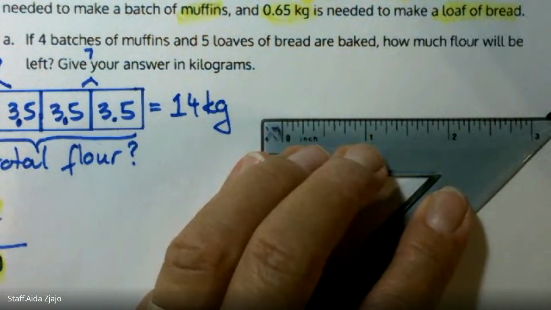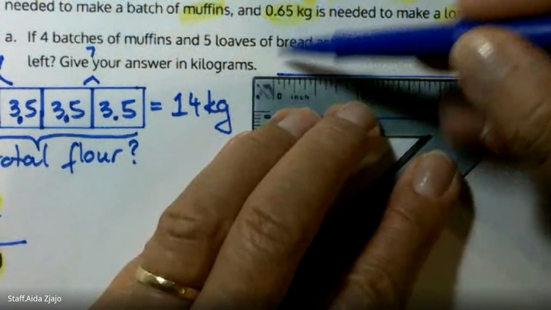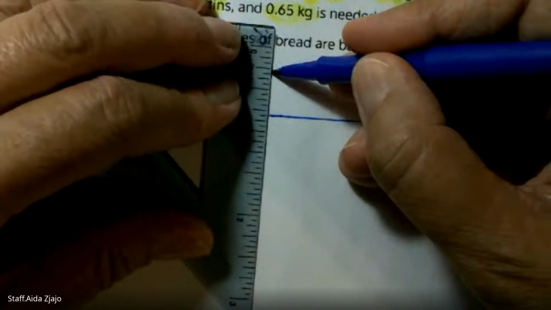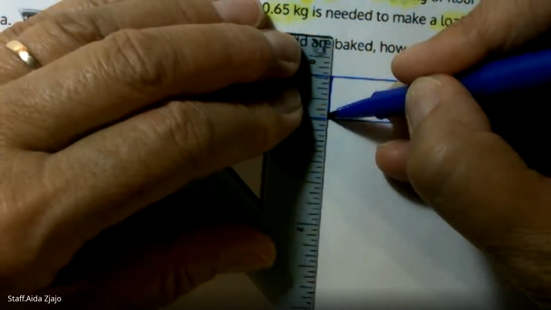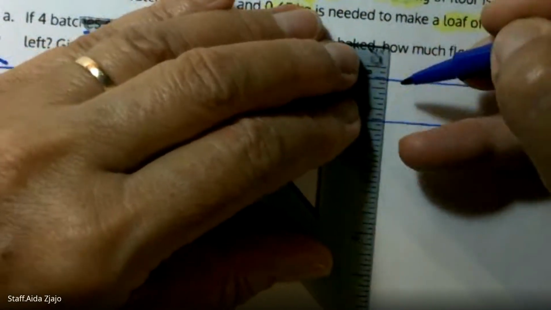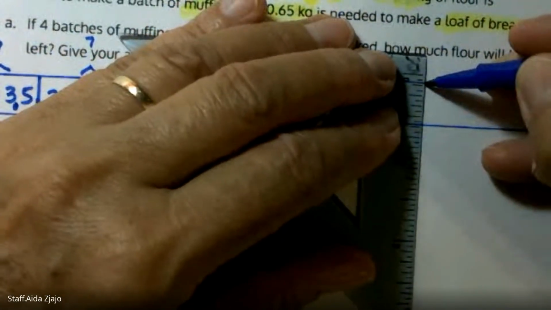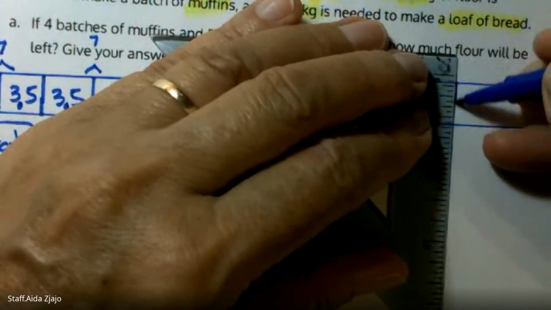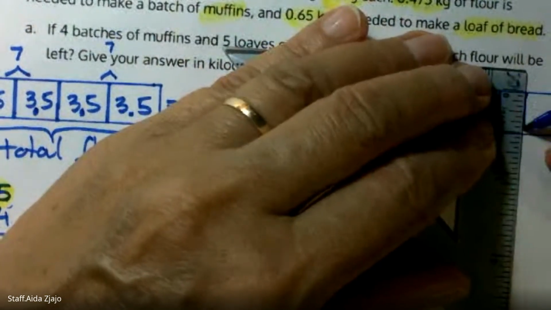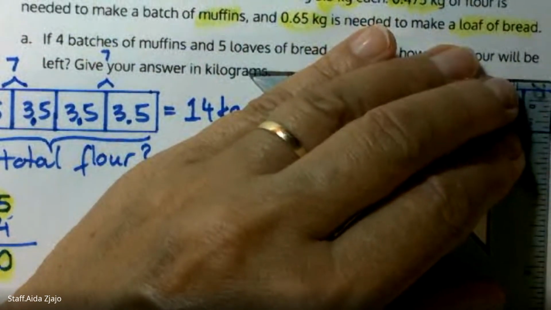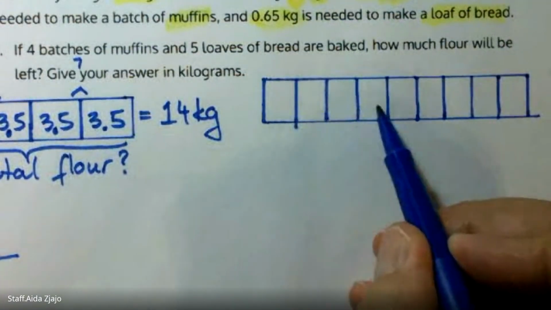If I create an open rectangle, I can see here 1, 2, 3, 4, and then 1, 2, 3, 4, 5.